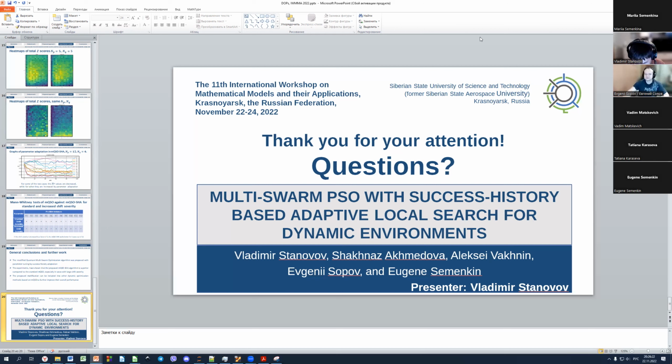I see. So, in fact, the MQSO in the implementation that we originally used had tools to estimate the shift severity. So how far is the previous peak compared to the current peak?